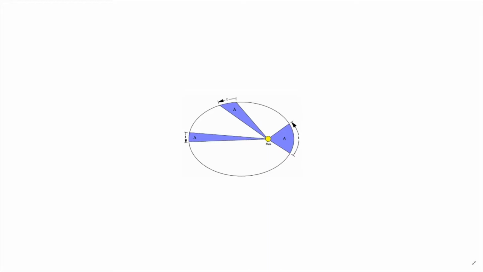And as the distance increases, the object must slow down. So, in this example, the areas, while they look different, all contain the same area. And even though the distance lengths all look different, they are the same amount of time.